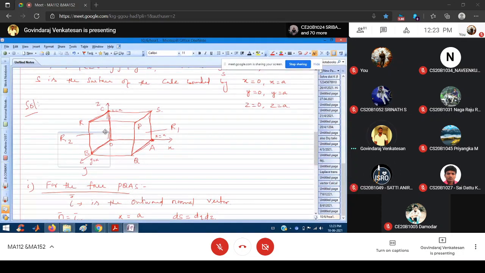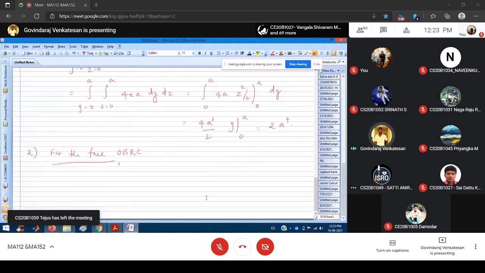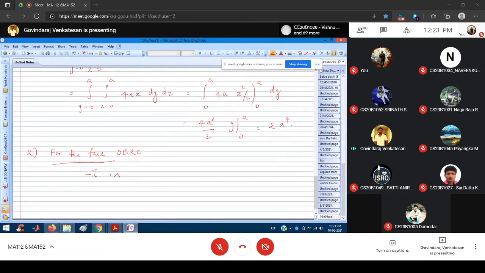So what is the outward normal vector in that face? Minus i cap. How minus i? Outward and perpendicular to the surface. Yeah, very good. So the outward unit normal vector is minus i vector. So what about the value of x there? 0.